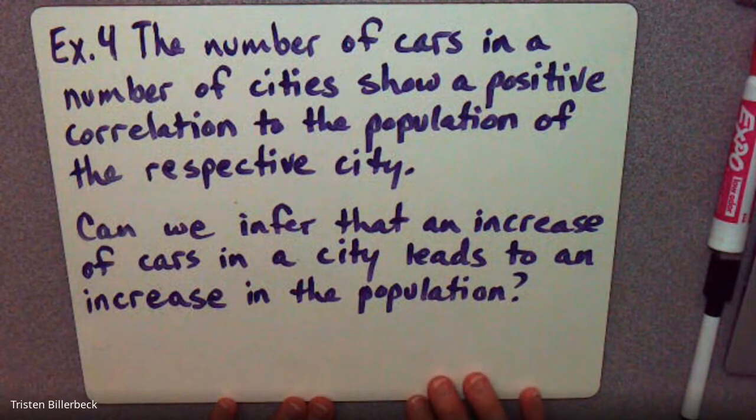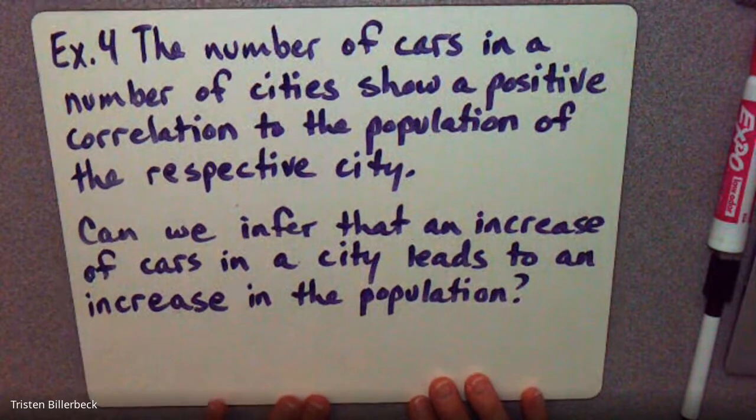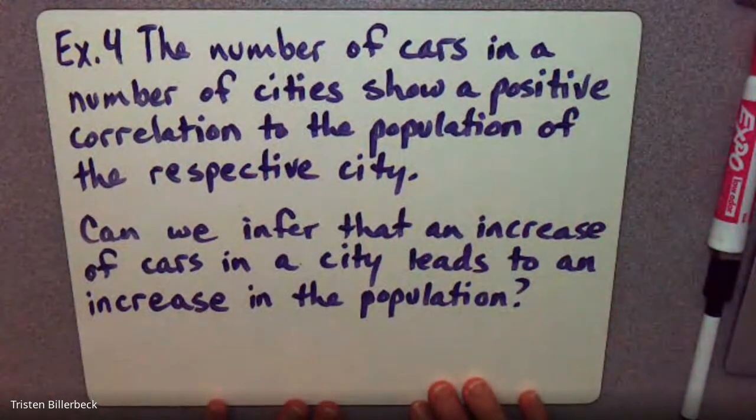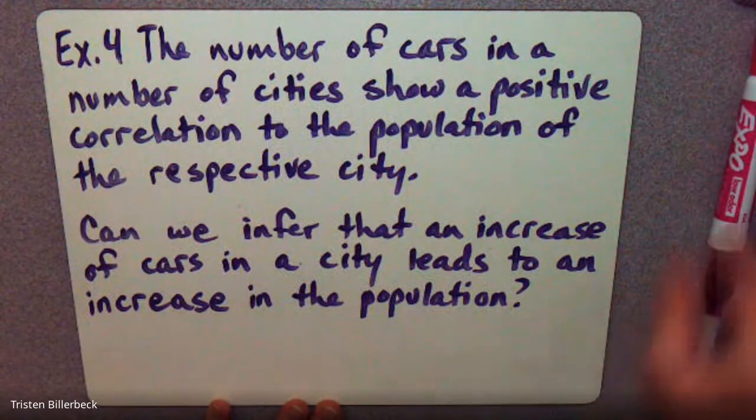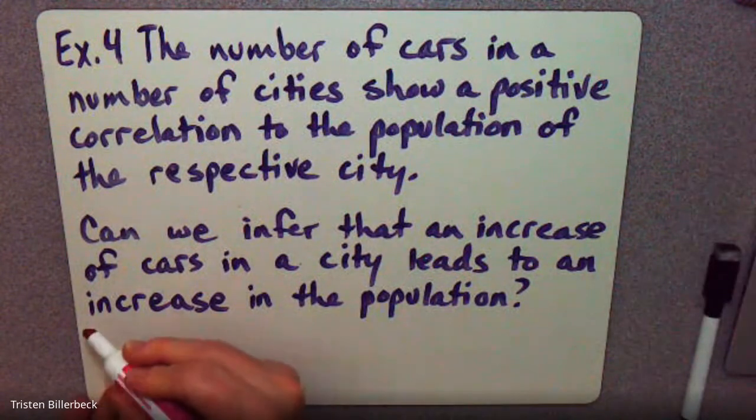Can we infer that an increase of cars in a city leads to an increase in population? So if there are more cars in the city, does that mean there's more people? Or does that mean if there's more people, there's more cars? What's causing what? Okay, so this is an example of causation.